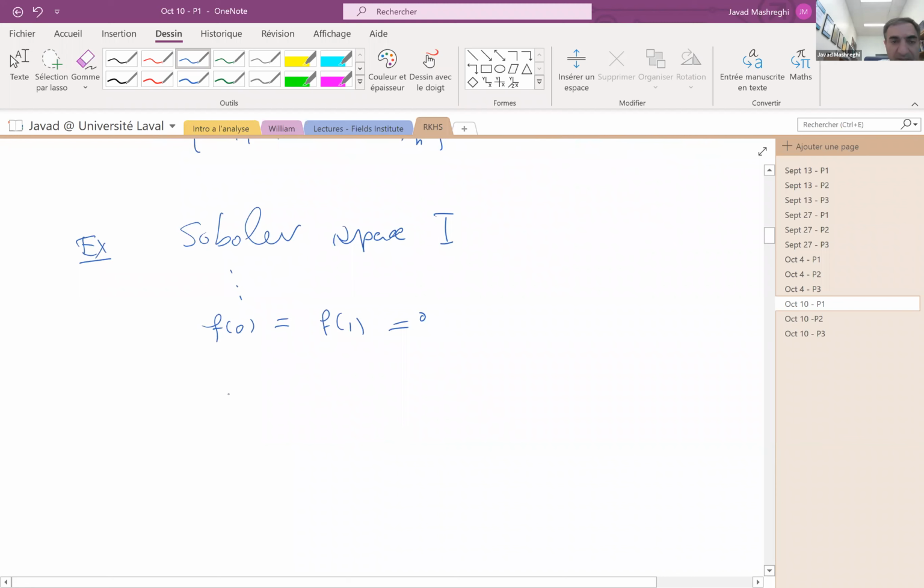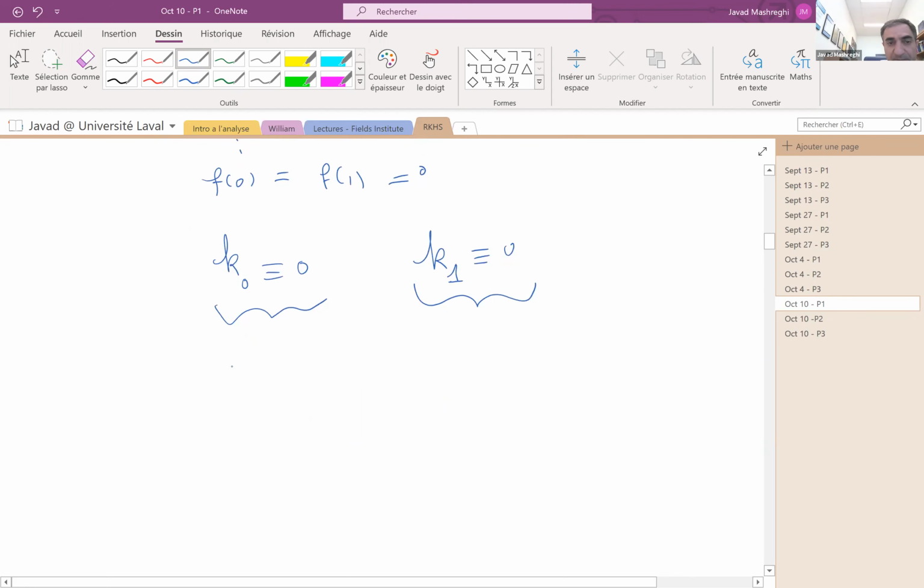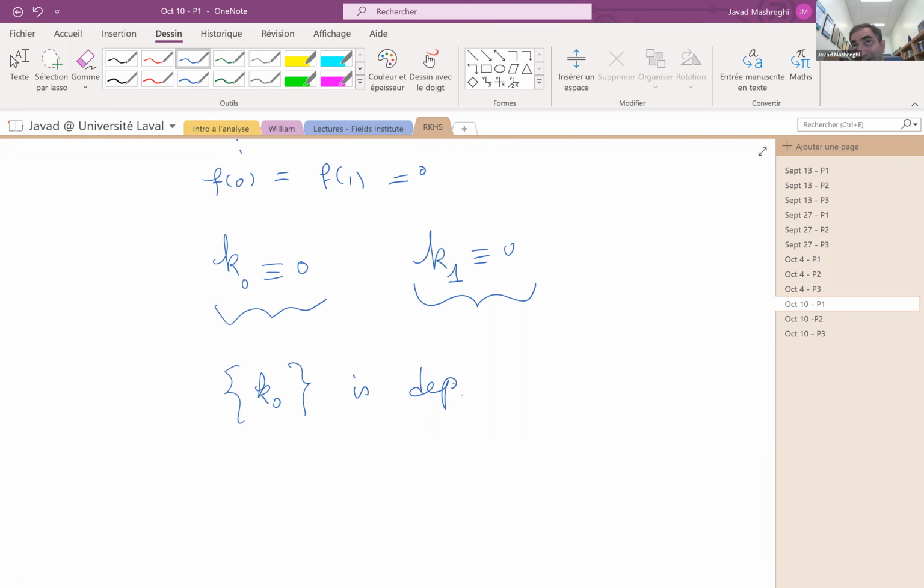And as you see here, the kernel at point 0 is identical to the 0 function, and the same for the kernel at point 1. Each one of these is enough to show that the set is dependent. So in this case, our reproducing kernel is not strictly positive.